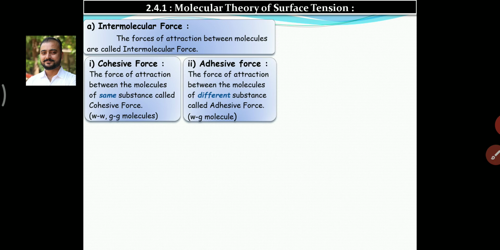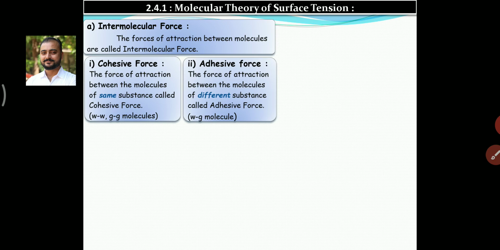The second is adhesive force. It is a type of intermolecular force. The force of attraction between the molecules of different substances is called adhesive force. It means a force of attraction between different substances, such as water and glass.